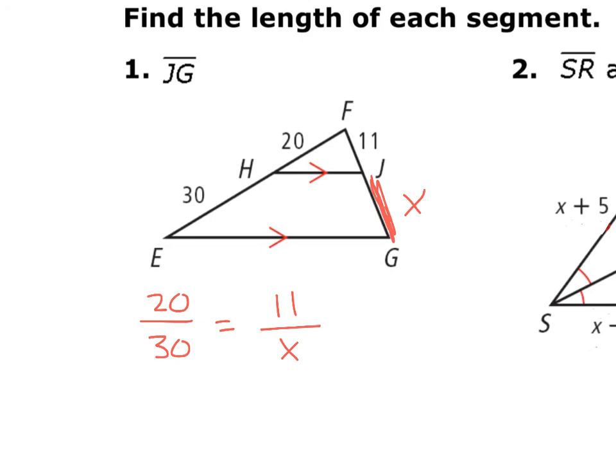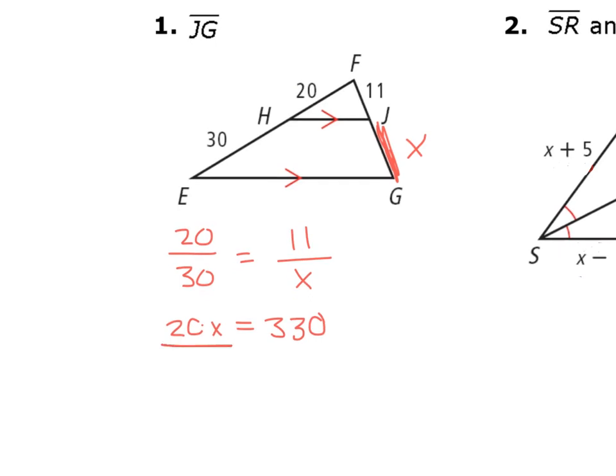What do we need to do to solve for x? Cross multiply. What's 11 times 30? 330. So now we divide both sides by 20.